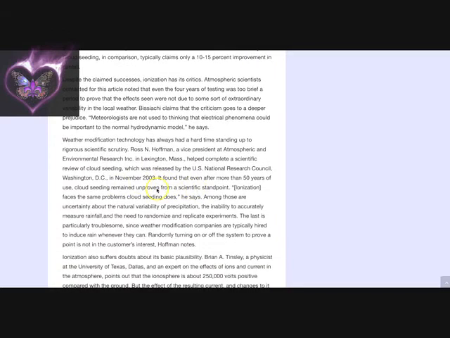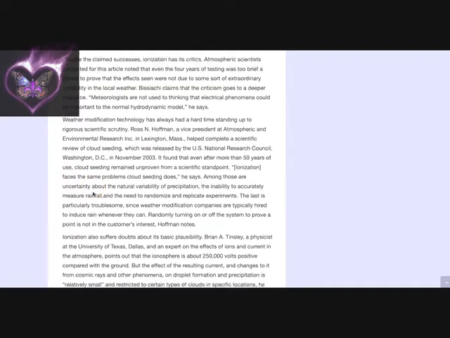Weather modification technology has always had a hard time standing up to rigorous scientific scrutiny. Ross N. Hoffman, a vice president at Atmospheric and Environmental Research, Inc. in Lexington, Massachusetts, helped complete a scientific review of cloud seeding, which was released by the U.S. National Research Council. In 2003, it found that even after more than 50 years of use, cloud seeding remained unproven from a scientific standpoint. Ionization faces the same problems cloud seeding does, he says.